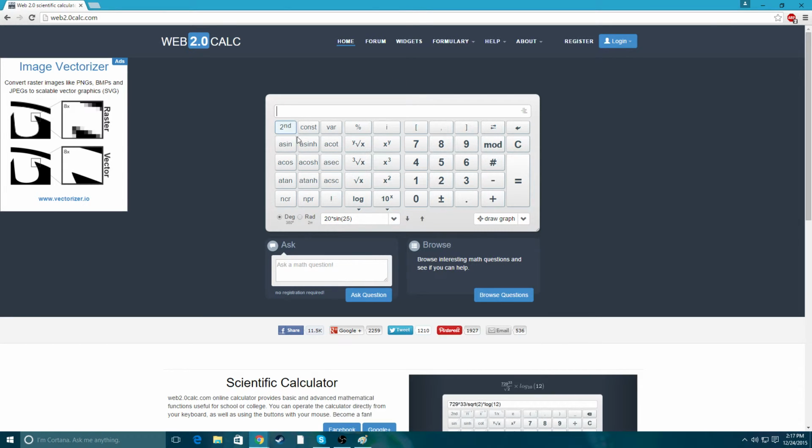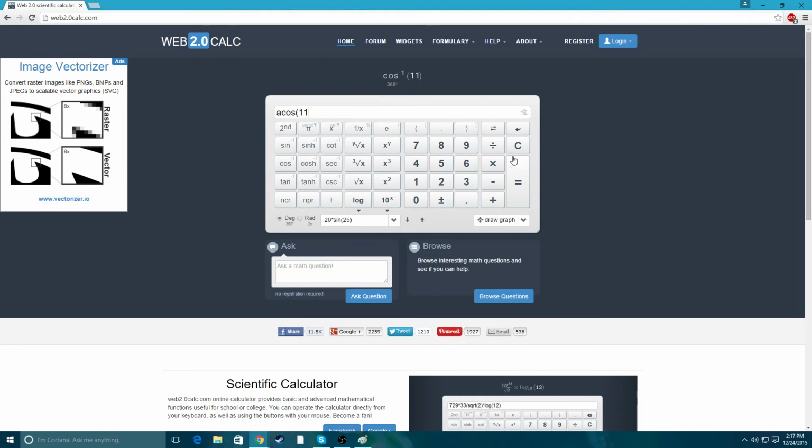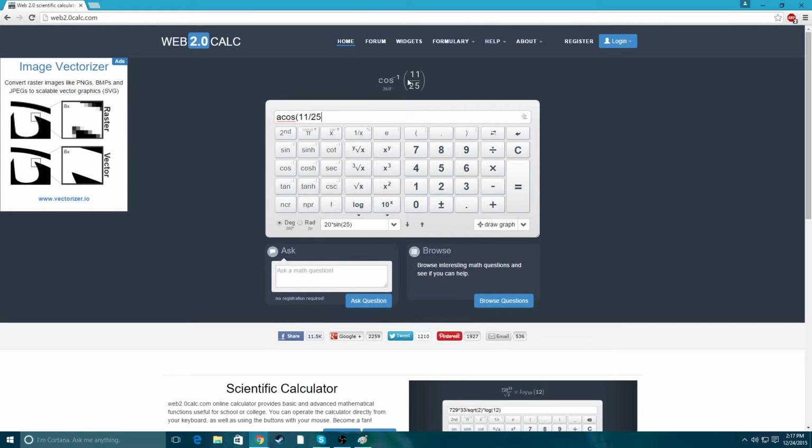Oh, there we go. Sorry, I'm not used to this calculator. I think this is it. So a cosine is cosine inverse. That's what we're looking for up there. Cosine to the negative 1. Cosine inverse of 11 divided by 15.